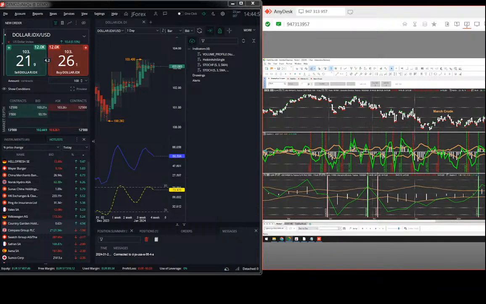Let's see, where's that mouse at? Right there. How much does the government pay SSI every month? There we are.